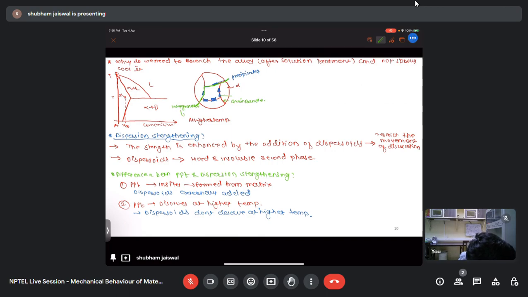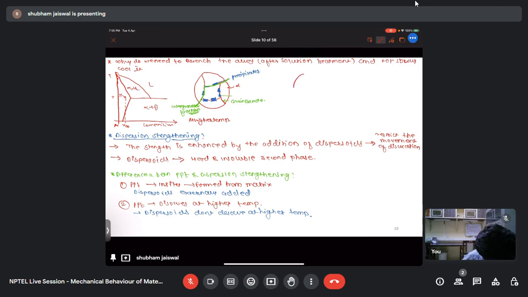So the material can easily get fractured, as its brittleness will increase. Because of that, we don't slow cool it after the solution treatment is done. That's why we generally quench it, so that we get the precipitates inside the grain.